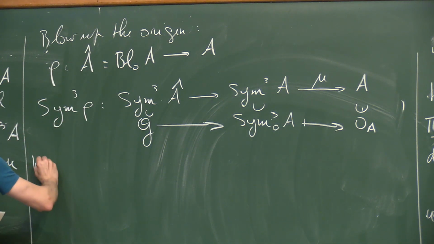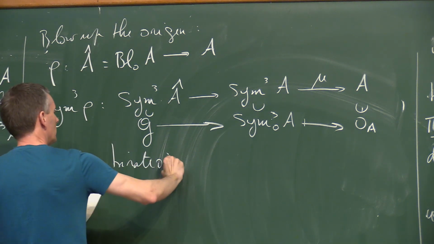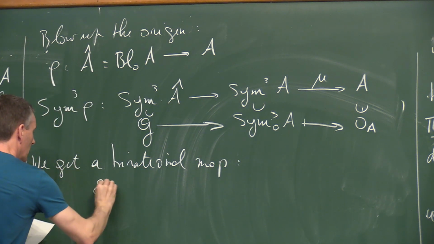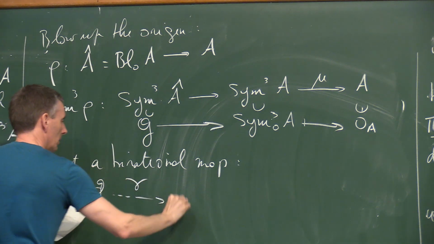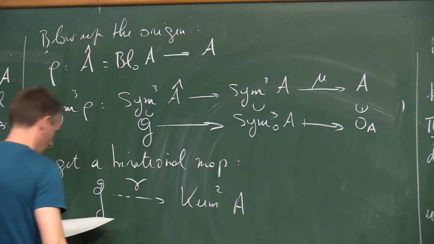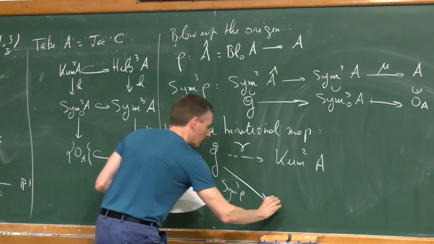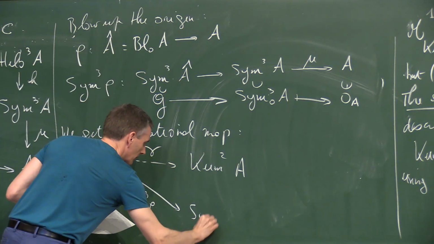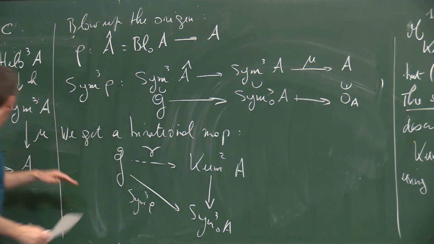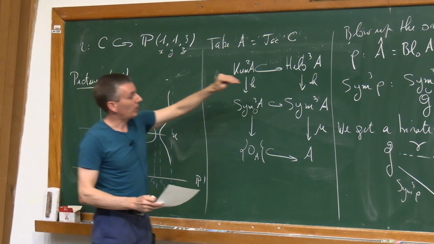And so we get a birational map for free, because everything is birational, from G to the Kummer fourfold of A, by factorization of this Sym 0 A here inside. So you see, it is over this quotient because we blow up the origin.